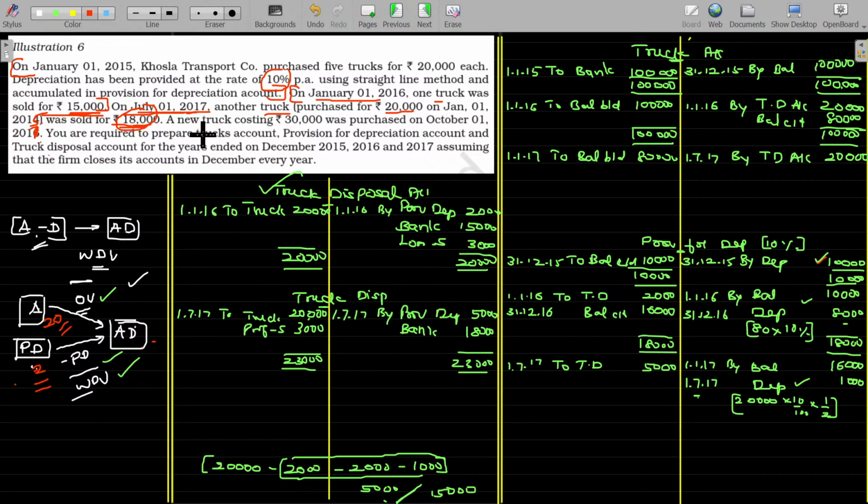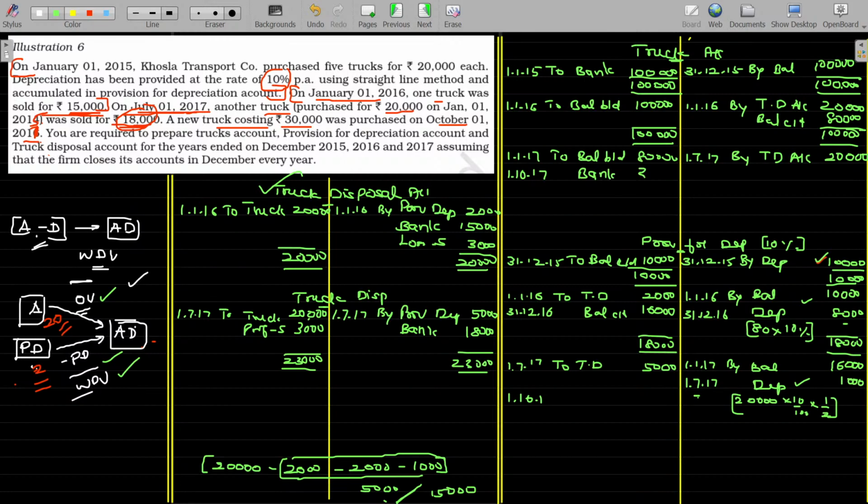Now, a new truck costing 30,000 was purchased on 1st October 2017. Let's see here. 1st October 2017 to bank, asset account, sorry. 1st October 2017 to bank.